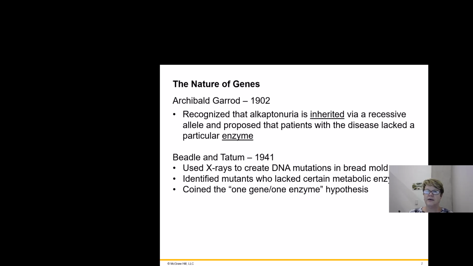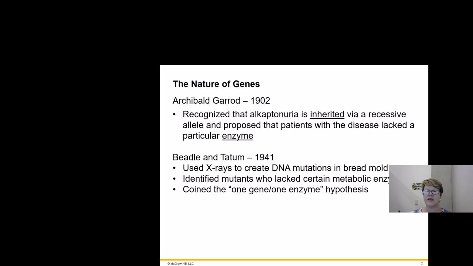So, even though Mendel was kind of dancing around the concept of genes and alleles, he definitely was. Typically, we credit Archibald Garrod in 1902 with first thinking about inheritance of alleles that cause a disease.